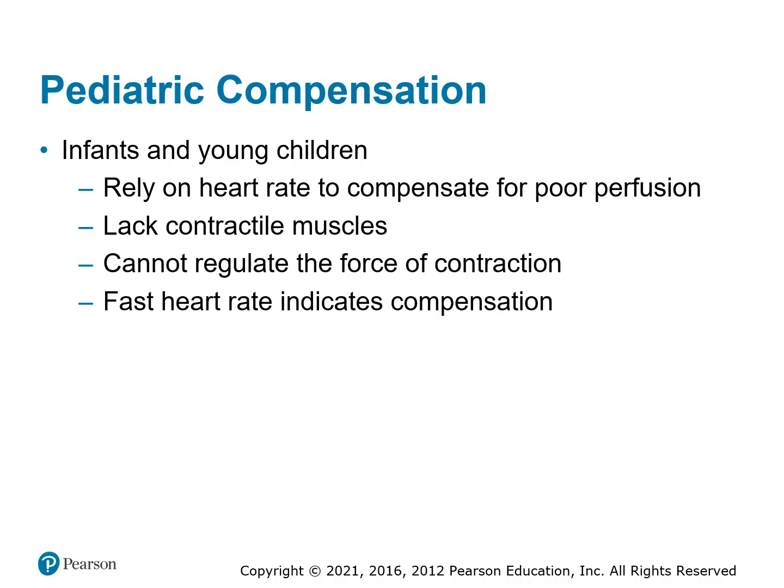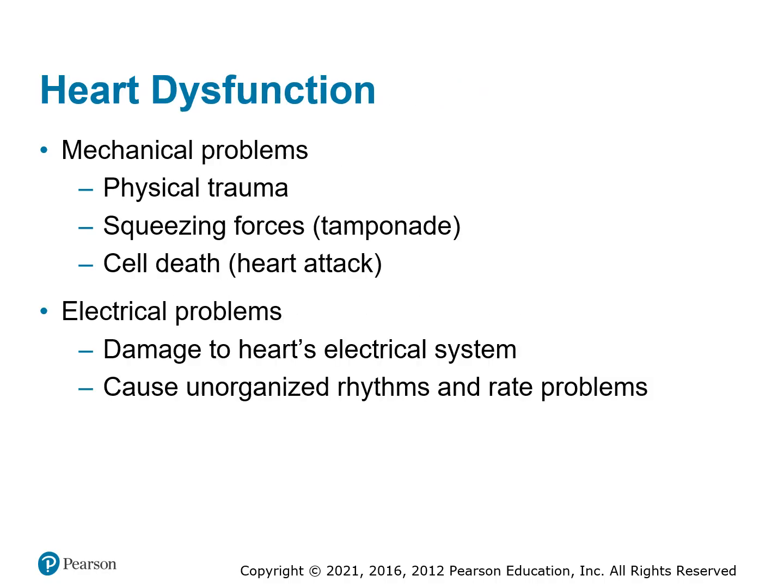Sometimes we can give medications that will regulate the force for adults, but kids will compensate with a fast heart rate. So a fast heart rate in a kid is them compensating. And they can compensate for long periods of time because they probably have a really young, healthy heart. But when they spiral down, they do it quickly. Okay, so with kids, we really want to pay attention to that rate.